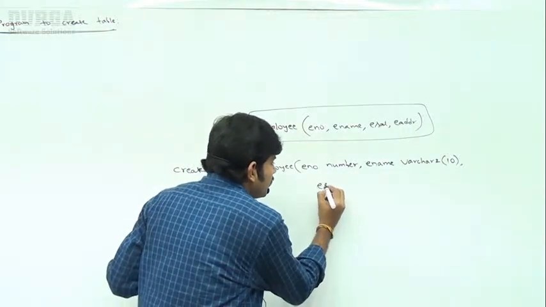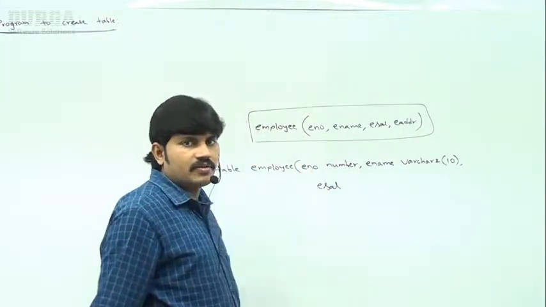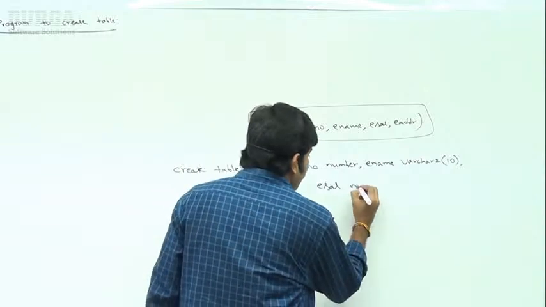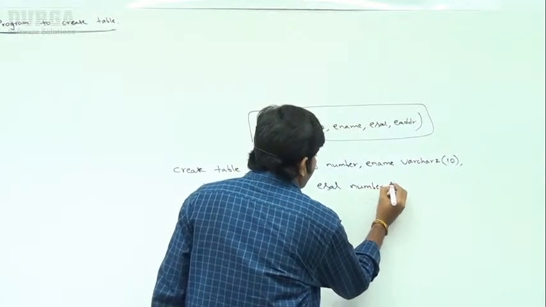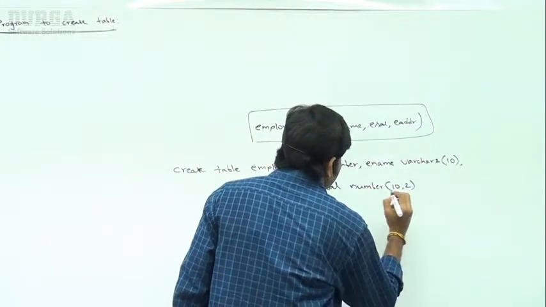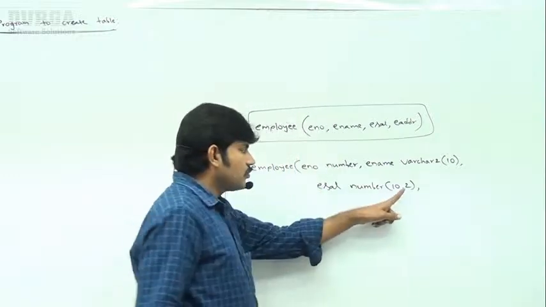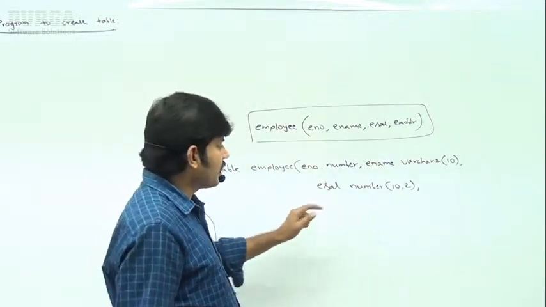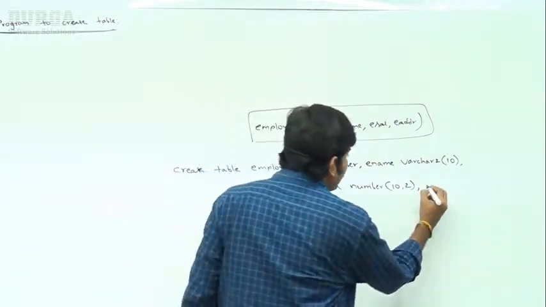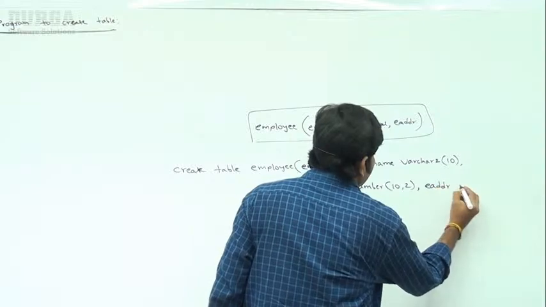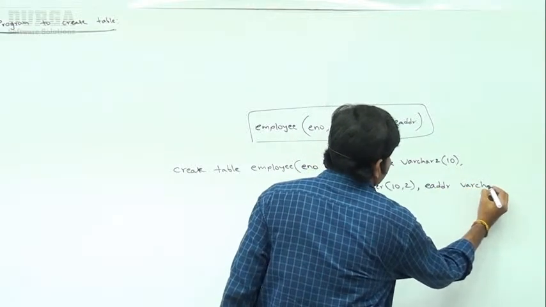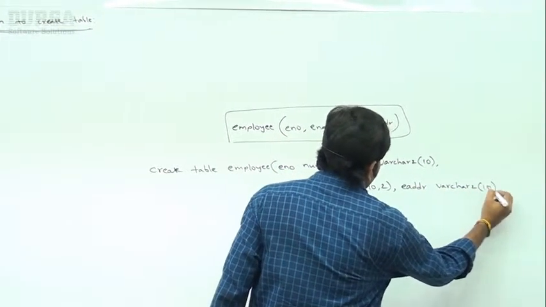Third one, eSal. eSal is a number type, where 10 integral digits are allowed, but decimal digits are 2. Next, e-address. E-address is varchar2 of 10.